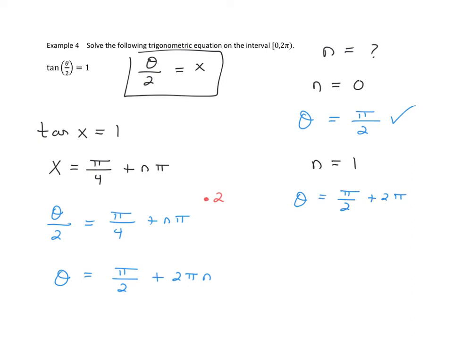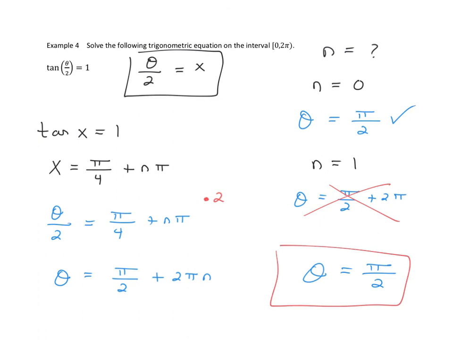That's a problem. That's too big. And because of this, I can't use this angle. In fact, there is only one solution to this equation. Theta is equal to pi over 2. Any other angle you use will not fall within this interval.